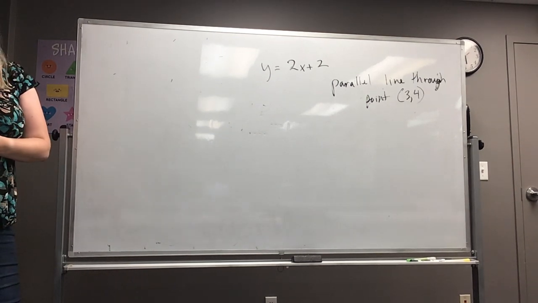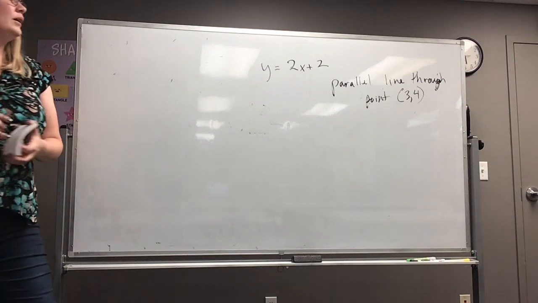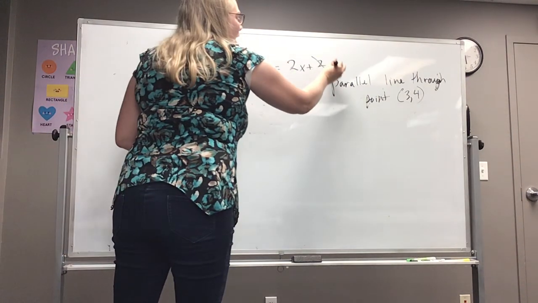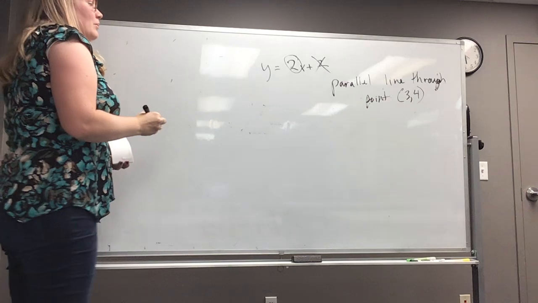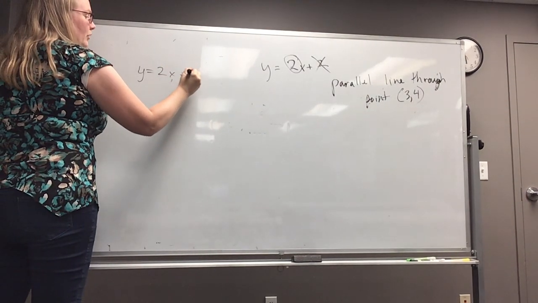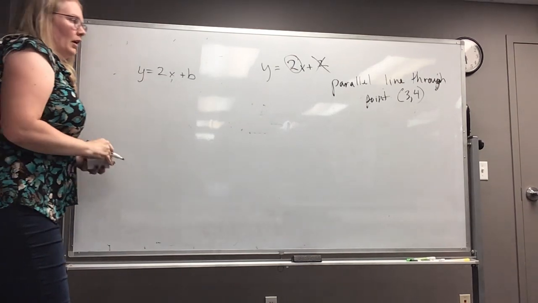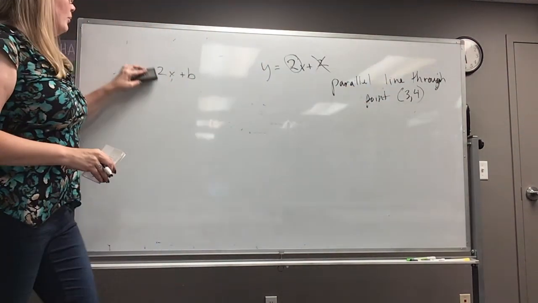So, first question, what makes parallel? Same slope. Same slope. And so the 2 means absolutely nothing. We're interested in a line that has the same slope. And so y equals 2x plus our y-intercept. And we replace y and x with our numbers.